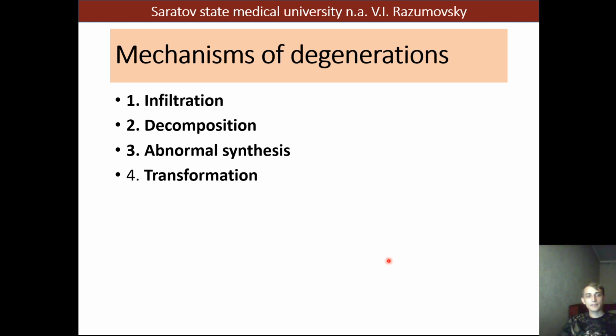But if glycogen is accumulated in other cells and organs, it will be abnormal synthesis. For example, in diabetes mellitus you can find glycogen in the epithelium of the kidney, and the mechanism of development will be abnormal synthesis. And the last one is transformation. Transformation is associated with disorders of synthesis by the cell of some products.